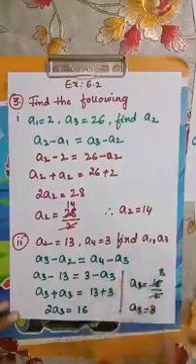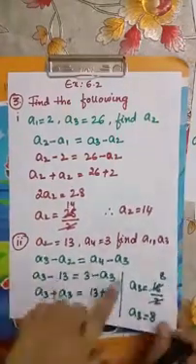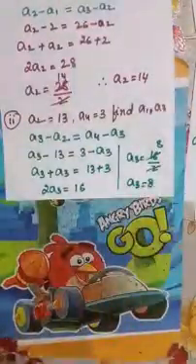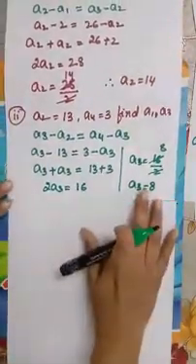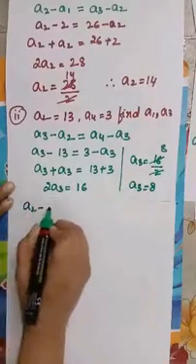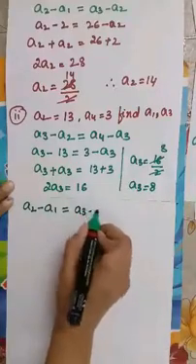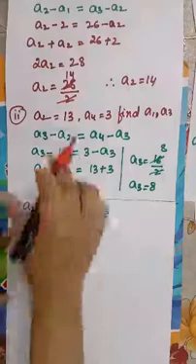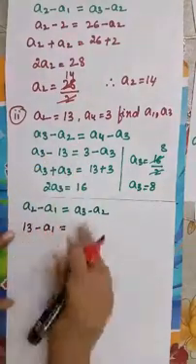अब हमको क्या फाइंड करना है? A1. A1 फाइंड करने के लिए हमको A2, A3 है. So which formula to use here? A2 minus A1 is equal to A3 minus A2. Okay, so A2 is how much? 13 minus A1 is equal to A3.